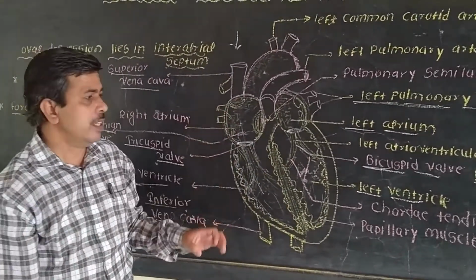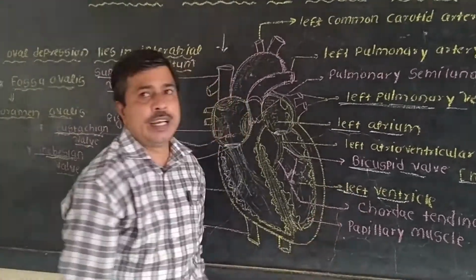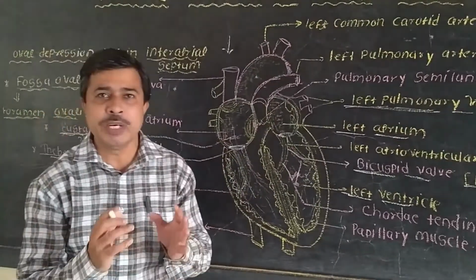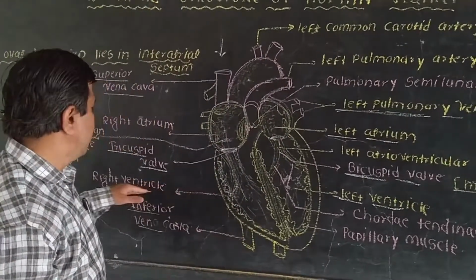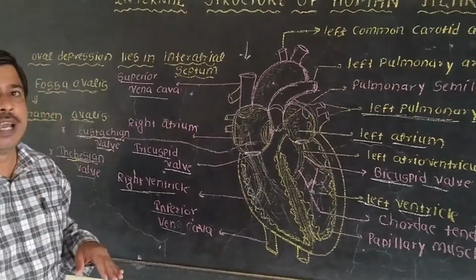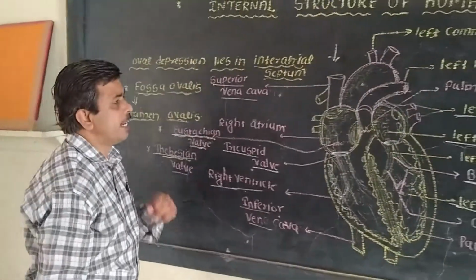So due to this, the wall of the left ventricle is three to four times thicker as compared to the right ventricle.